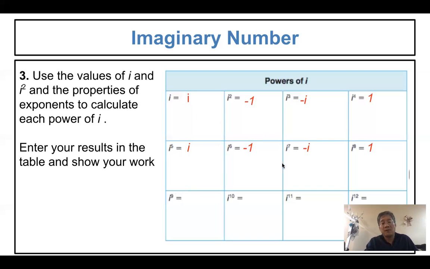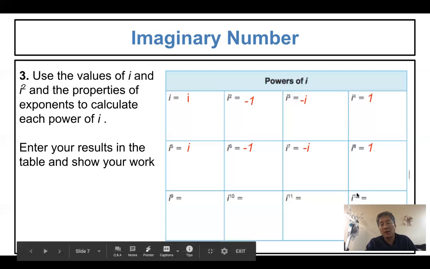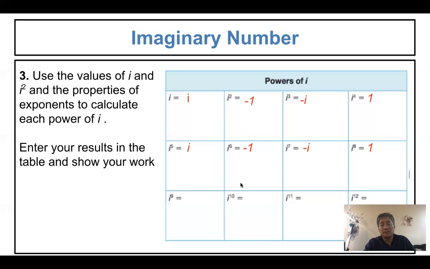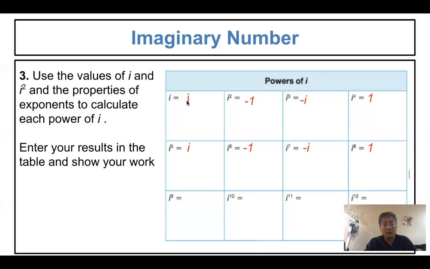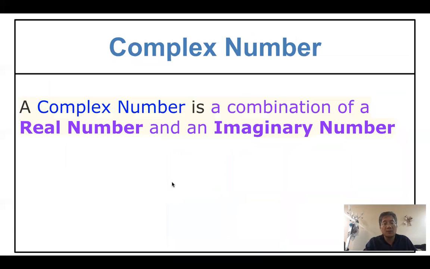So every multiple of 4 in the power, it becomes 1. Everybody understand, right? But you definitely need to understand up to here, i to the first power, but look at the pattern. And i, imaginary, i squared is -1. Don't ever forget this.